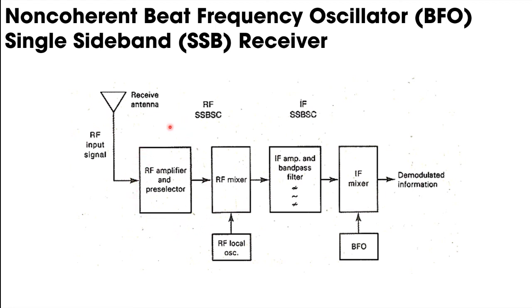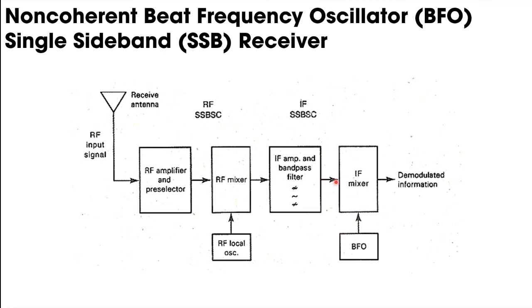preselector makes its selection, and then the RF amplifier amplifies the radio frequency, and then the output signal from this stage directs toward the RF mixer, wherein the RF signal is mixed with the RF from the local oscillator, and then it is converted into intermediate frequency. And then the intermediate frequency goes under amplification and bandpass filter to reduce its bandwidth.